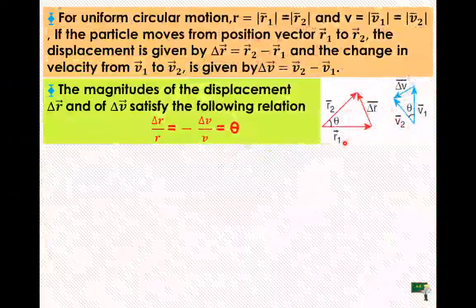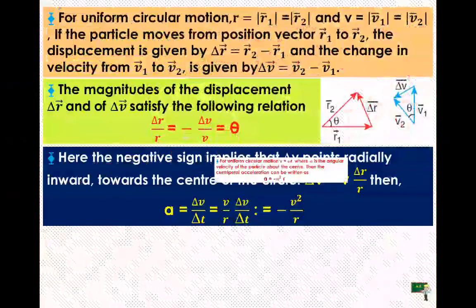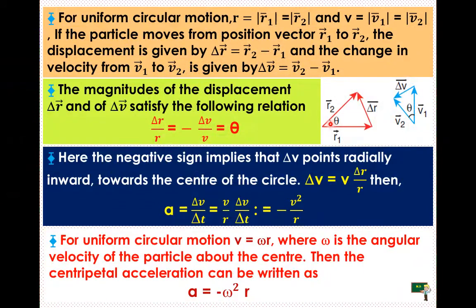The magnitudes of the displacement del r and del v satisfy the following relation. That means del r by r is equal to minus del v by v, which is equal to theta, which you can confirm here. The negative sign implies that del v points radially inward, while in centripetal motion the particle moves towards the center.